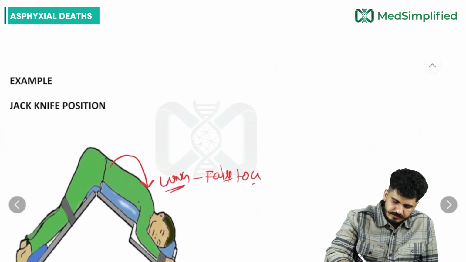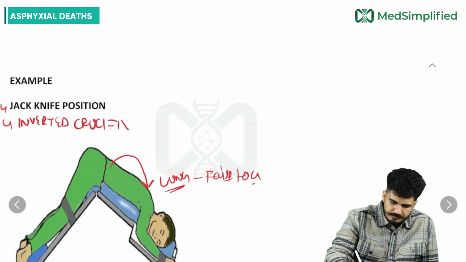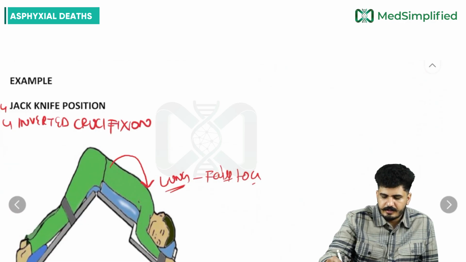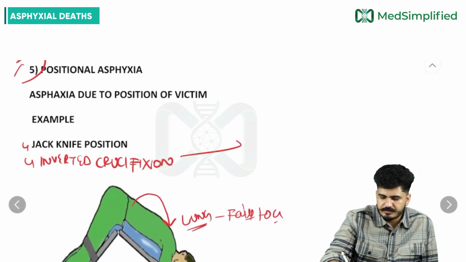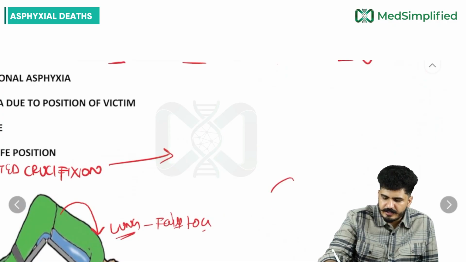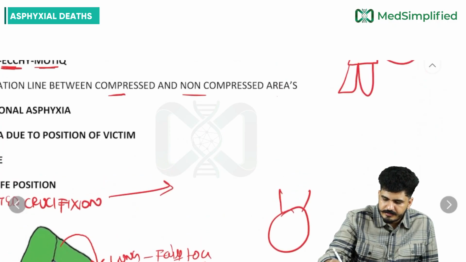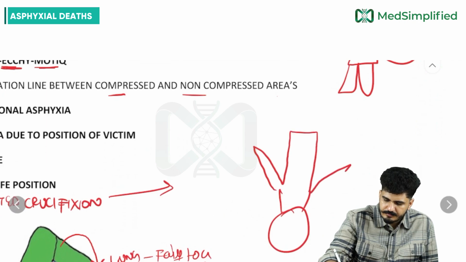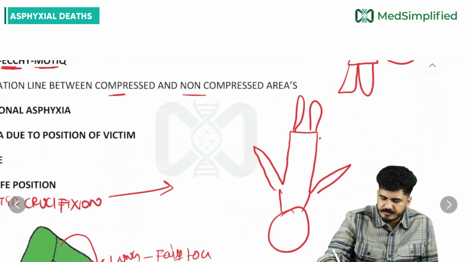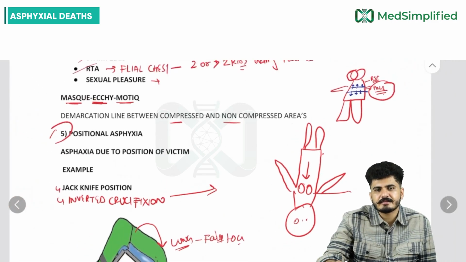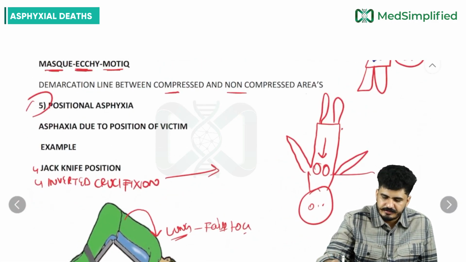This is inverted crucifixion. What is inverted crucifixion? I'll draw right here, sir. In this, the head is down, like this. The person is tied like this. Now the entire internal organs are putting pressure on the lungs and the person will die. This is inverted crucifixion. Done, sir.